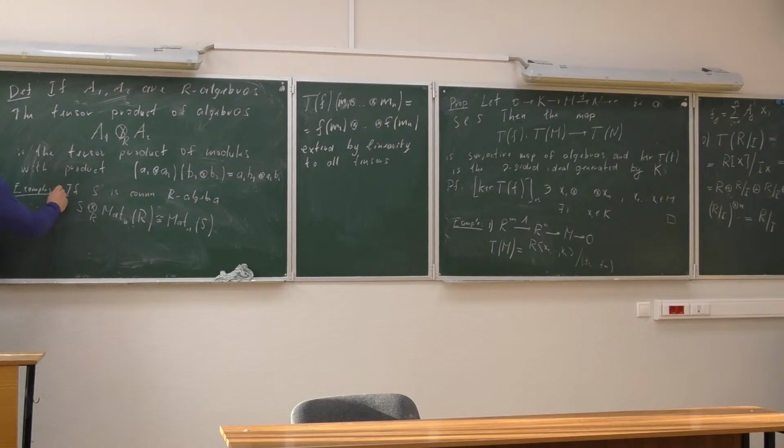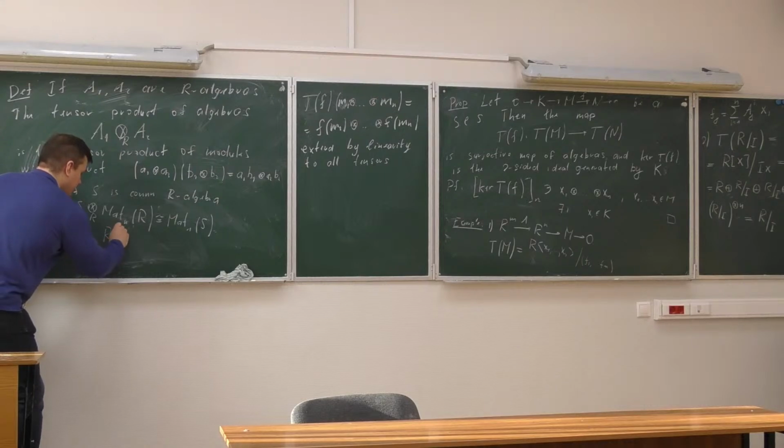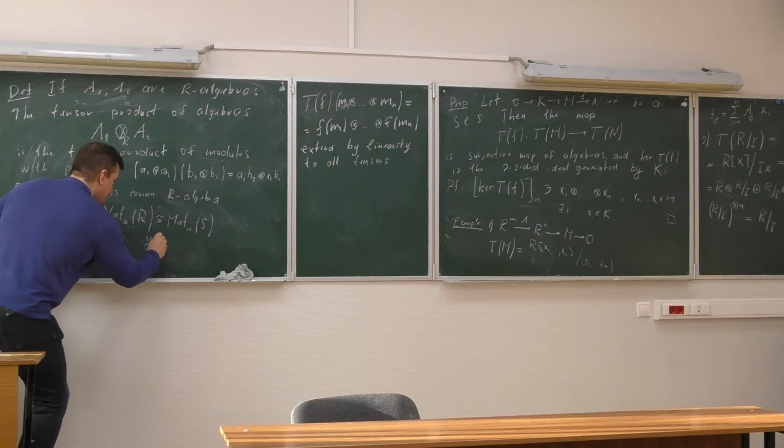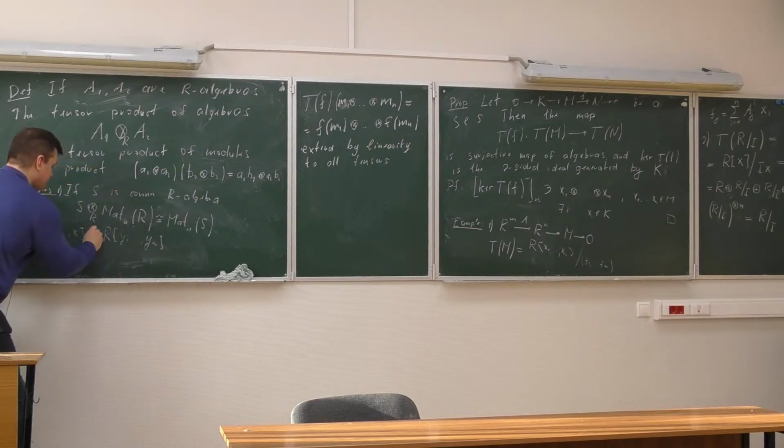So this is the first example. And the second example is the following. You take a polynomial ring in n variables. You take a polynomial ring over the same ring R in other m variables. Take a tensor product over R. What's the answer?